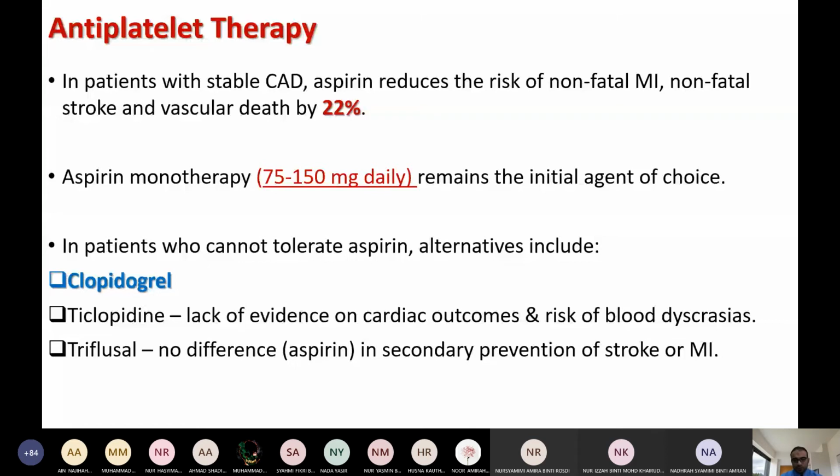Ticlopidine is not that significant compared to aspirin in terms of the impact on secondary prevention of stroke and MI.